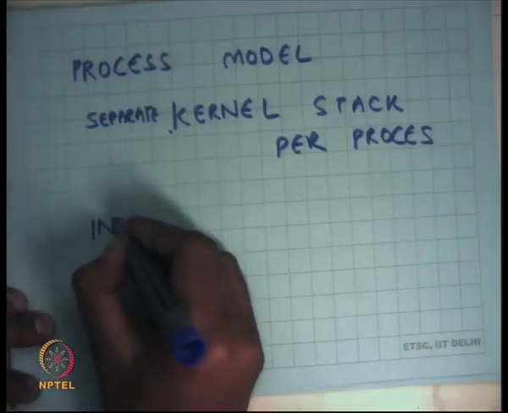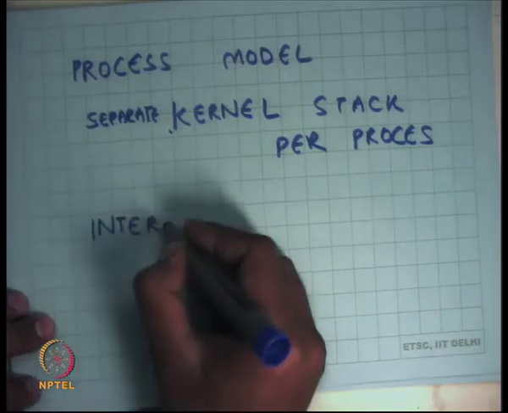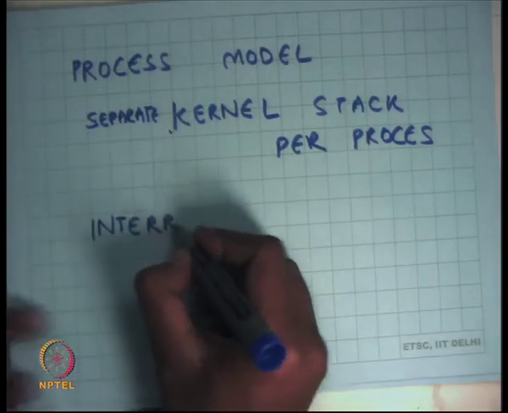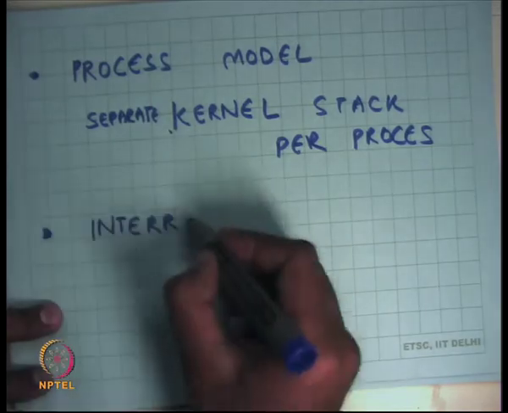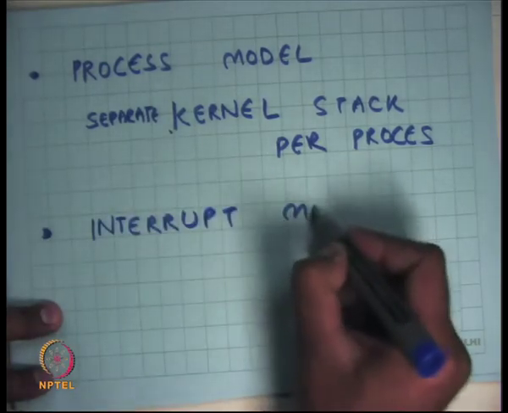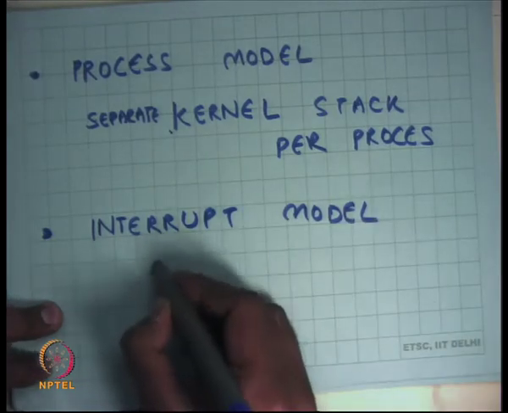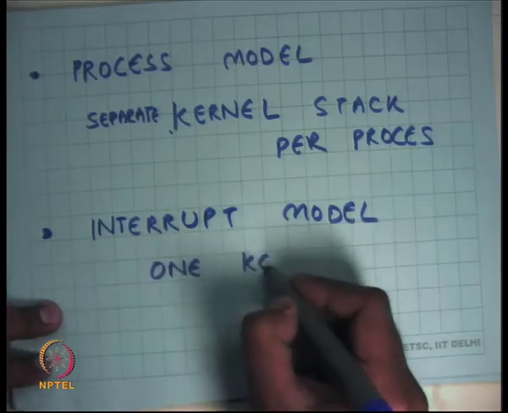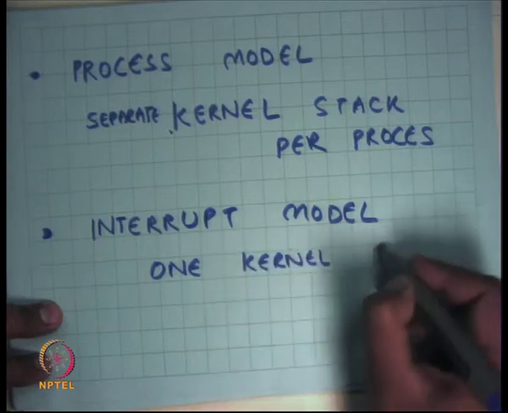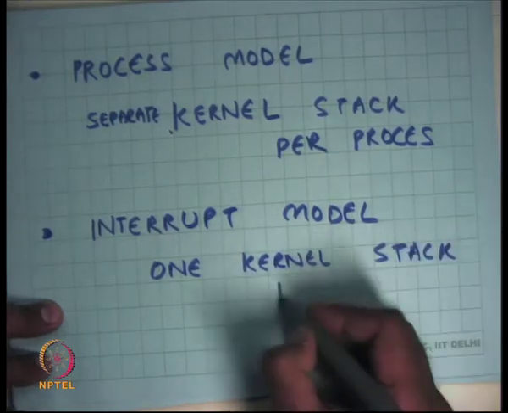Right? There's another model in which you can implement things, which is called the interrupt model. So this is basically how you implement your kernel. In the interrupt model, there's just one kernel stack per CPU.